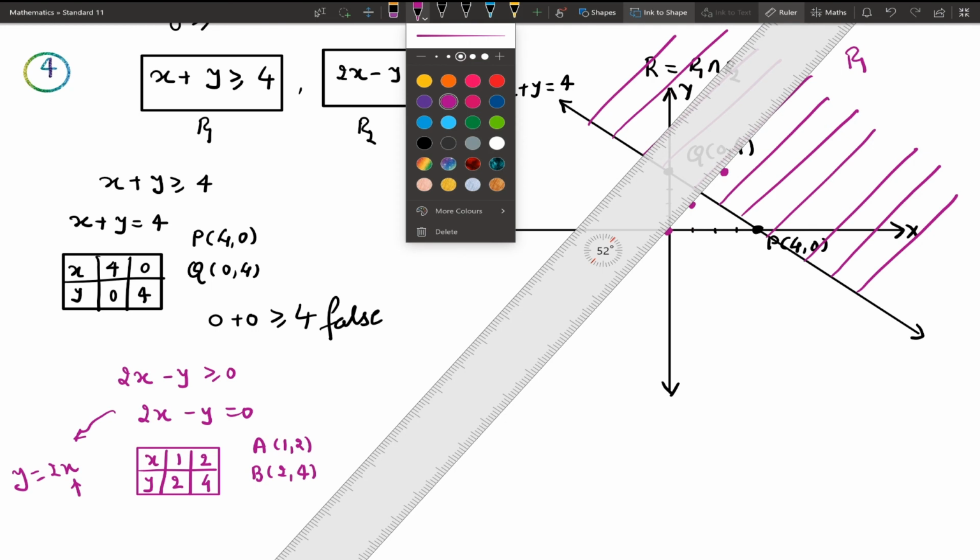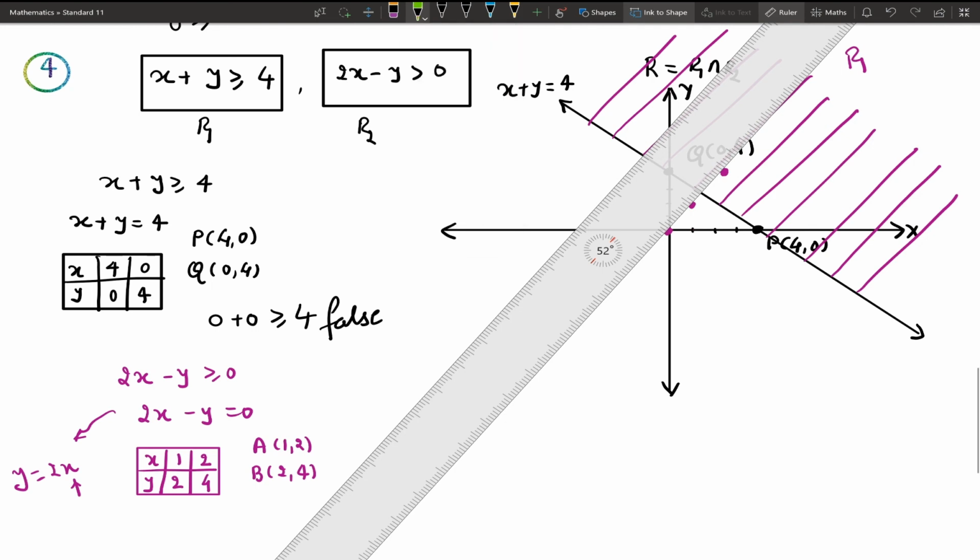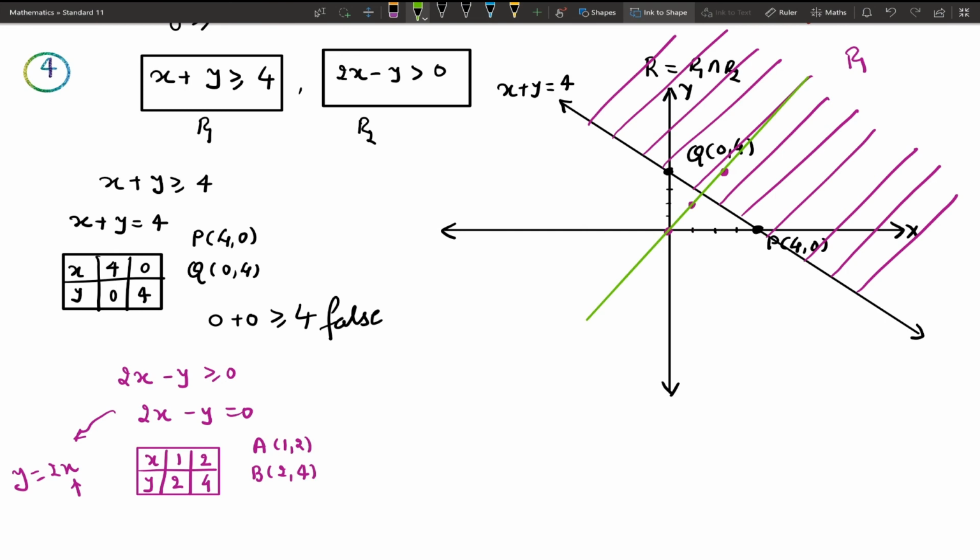This is the line y equal to 2x, or 2x minus y equal to 0.